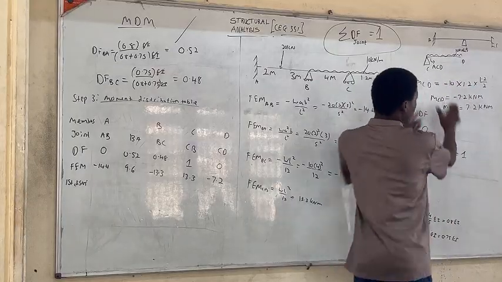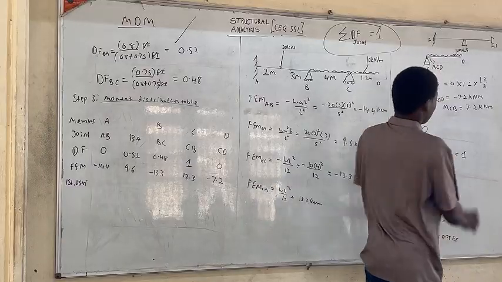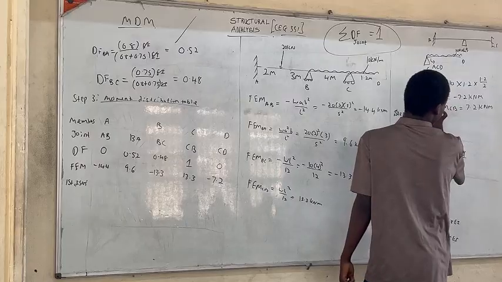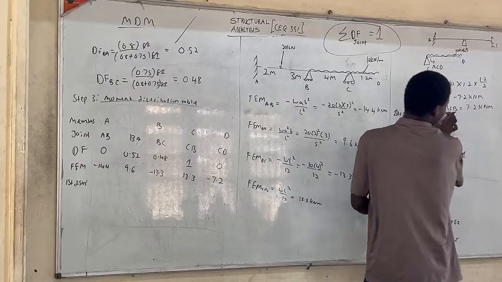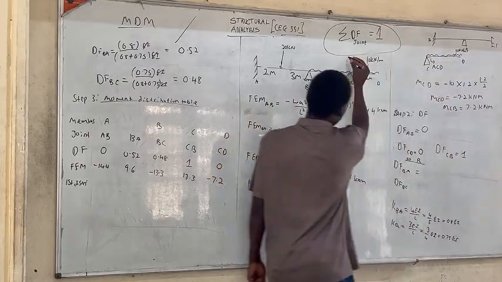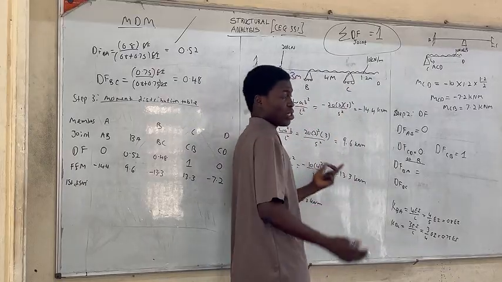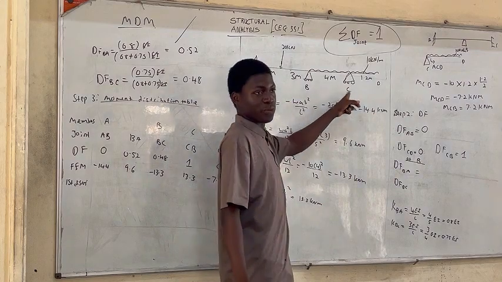But I said you should assume anti-clockwise for this part, so this is minus 10. So if FCD is minus 10, the other part has the positive movement to make everything go back to zero. Because now the movement has an end.